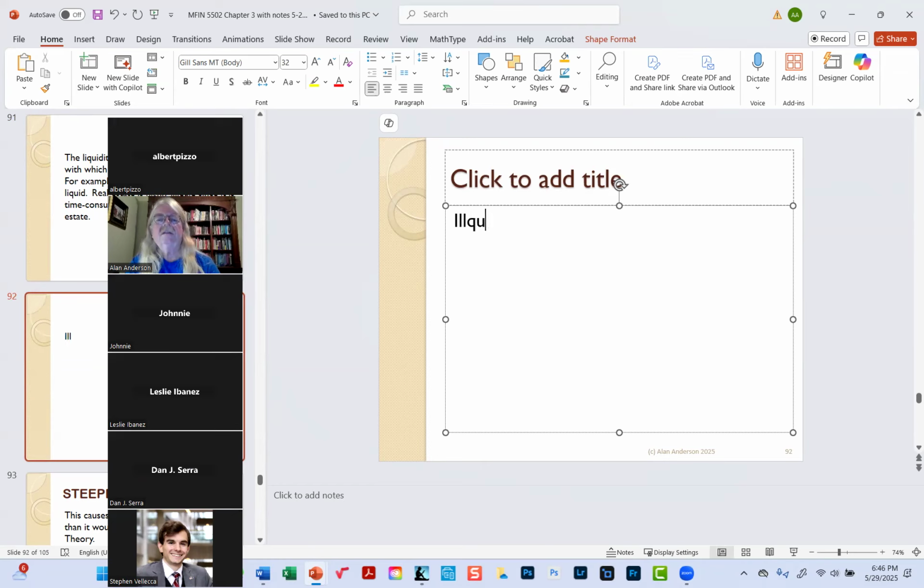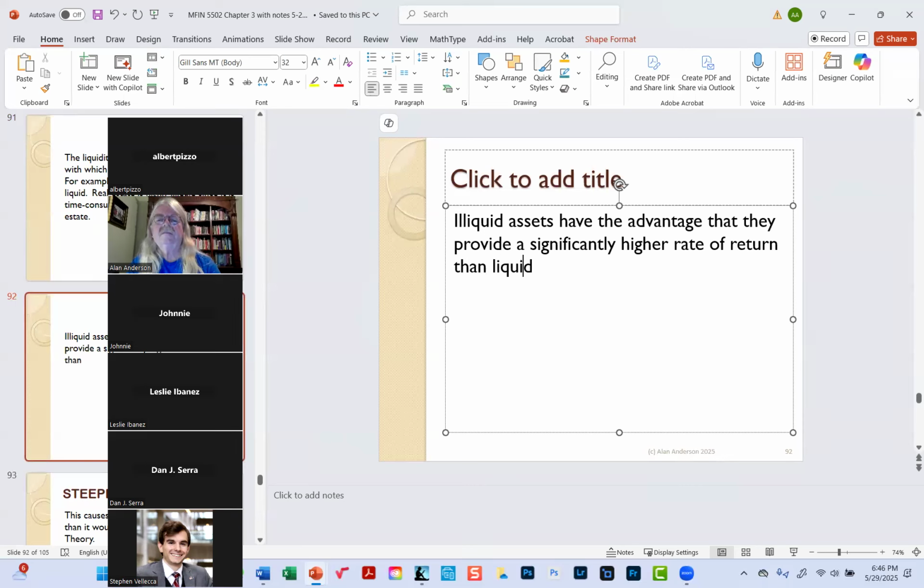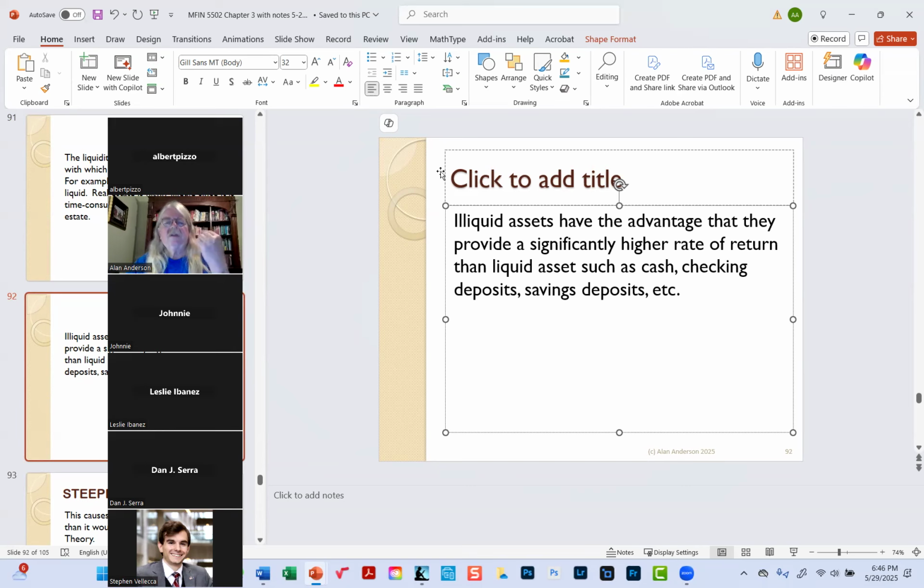Illiquid assets have the advantage that they provide a significantly higher rate of return than liquid assets, such as, as you could probably imagine, cash, checking deposits, savings deposits, etc. Liquidity refers to the ability to take an asset and convert it into cash very quickly.